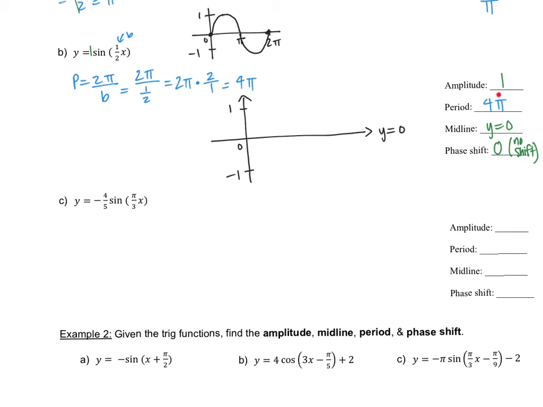But my period ends at 4 pi. That means to complete one full cycle here where you go up, down, and back to y equals 0, this S-shaped curve takes from 0 to 4 pi now. So not from 0 to 2 pi. I have to go all the way out to 4 pi to complete my cycle.